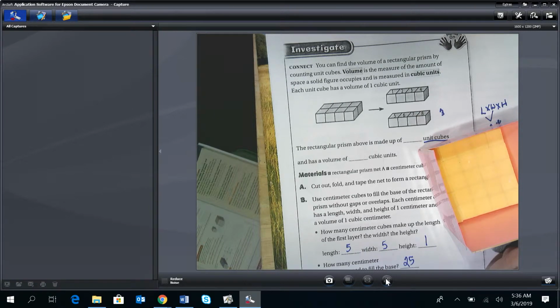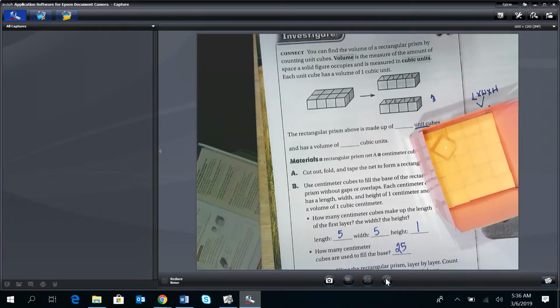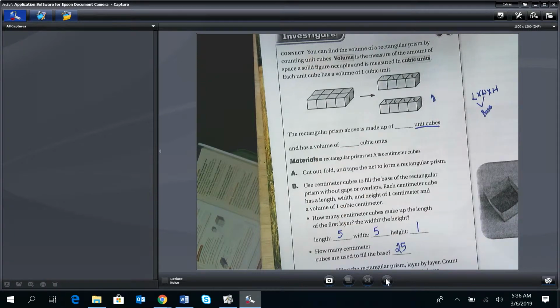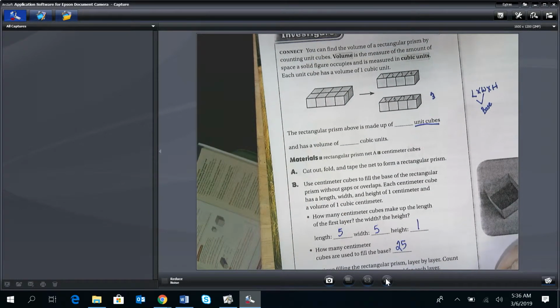Okay, now that you've done it, you have 25 in each layer. How many layers did it take? I'm pretty sure 5. So what was the volume of that container when I filled it?